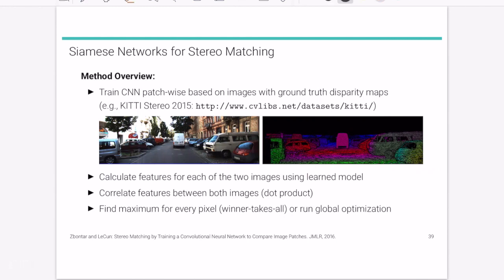So this is called stereo matching by training a convolutional neural network to compare image patches, which is called MC-CNN, for example. In other words, they tried to train a CNN patch-wise, based on images with a ground truth disparity map.